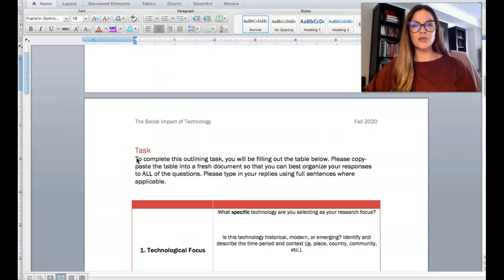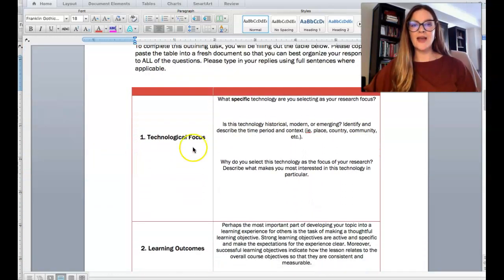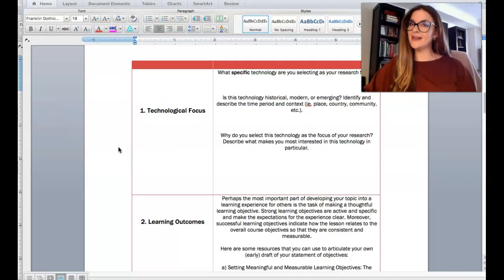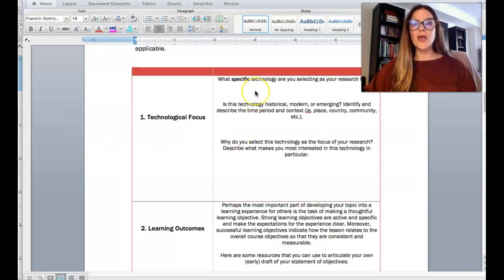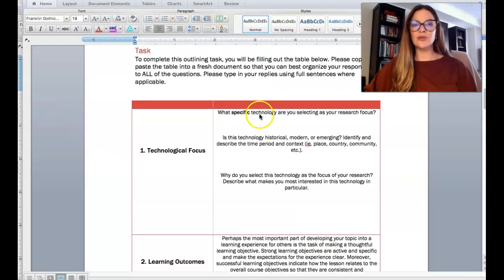And what you are doing is essentially filling out this fancy-dancy little table with the things that I've kindly asked of you. So I'm asking you here to pick a very specific technology as your focus. The more specific you can be here, the better.